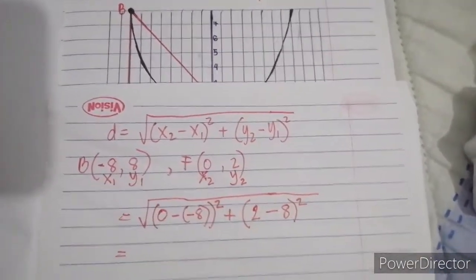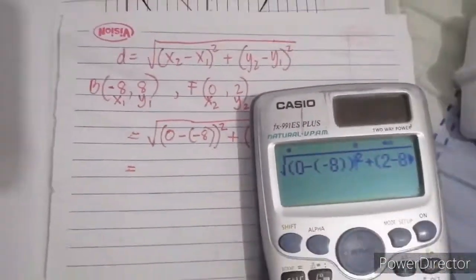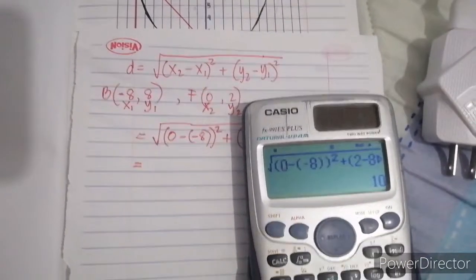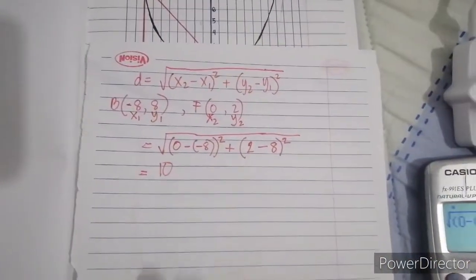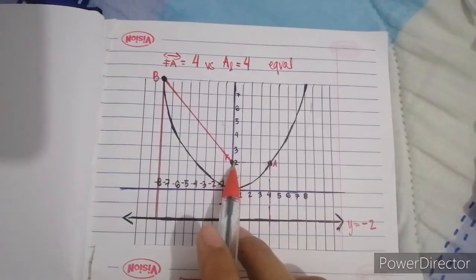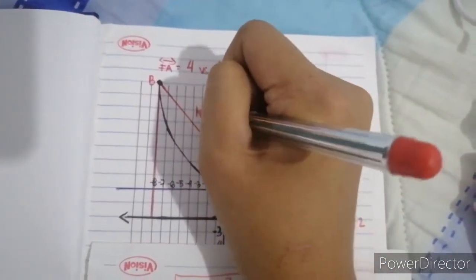Let's use our calculator. So our distance is equal to 10. So we know that from point B to point F, our distance is equal to 10.